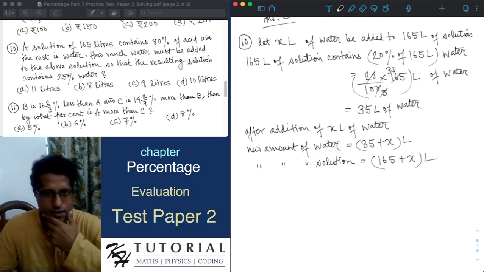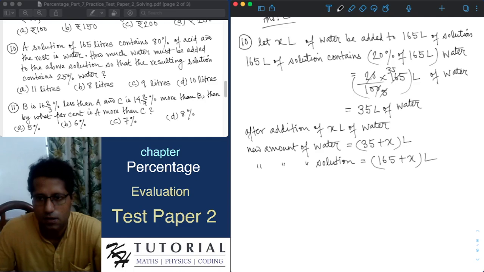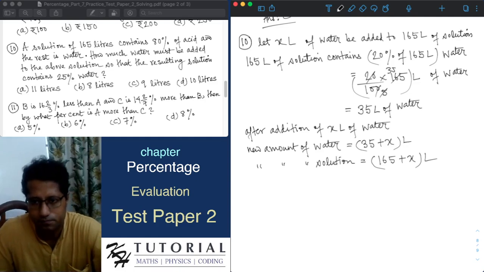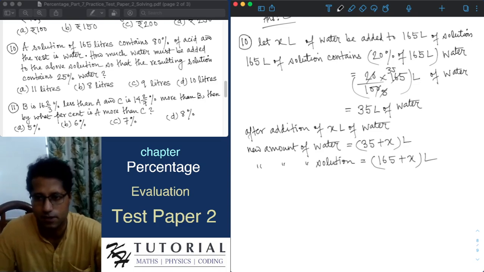So it is saying that how much water must be added to the above solution so that the resulting solution contains 25% water. Now we see that 35 plus x is the amount of water after adding x liters of water, and the total amount of solution is 165 plus x.